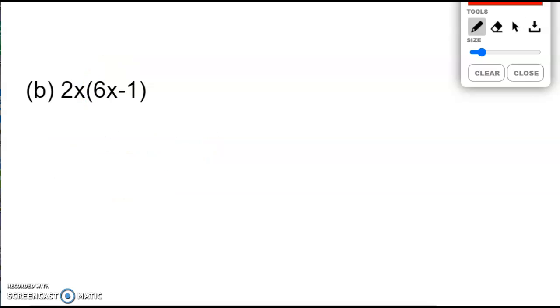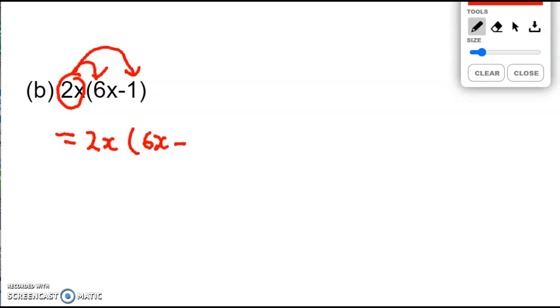Second problem, again, you are multiplying 2x to 6x and then to negative 1. So 2x is being multiplied to 6x, and then to that, you're multiplying 2x times negative 1.